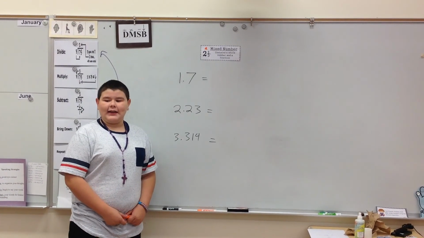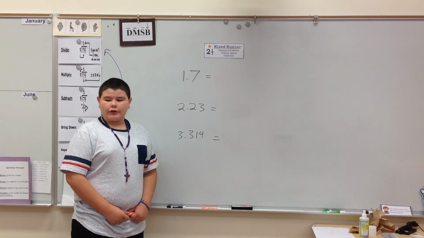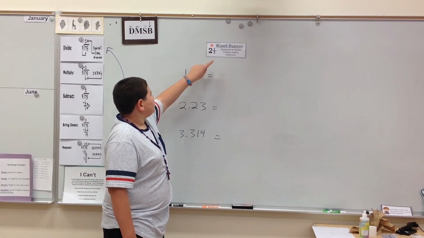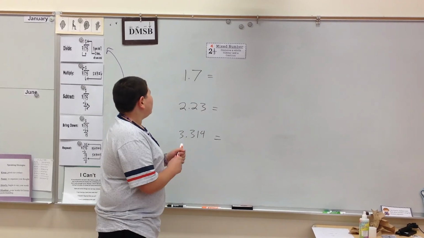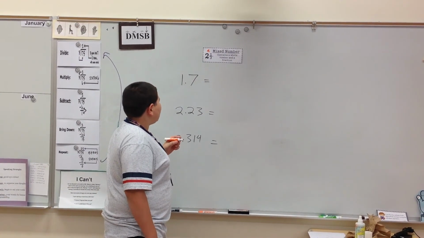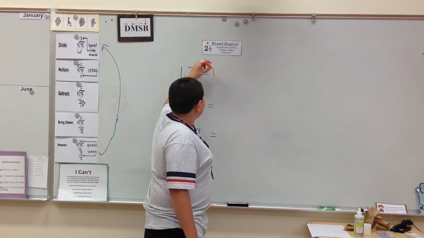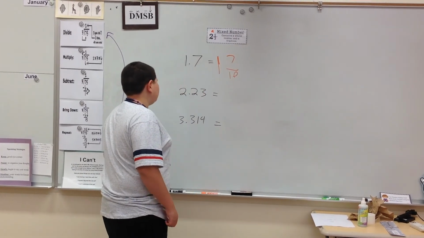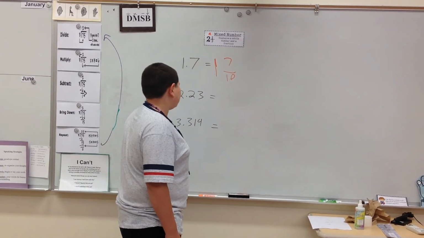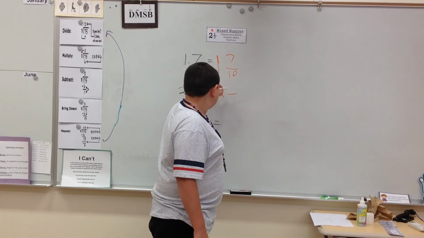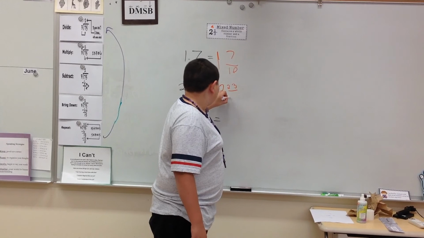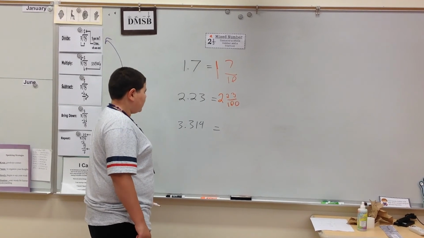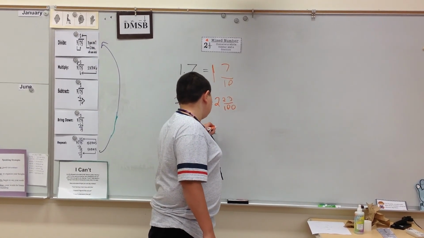Thank you, Javid. Today I am going to explain how to turn decimals into mixed numbers. A mixed number contains a whole number and a fraction. 1.7 goes out of 10. 2.23 goes out of 100. 3.314 goes out of 1,000.